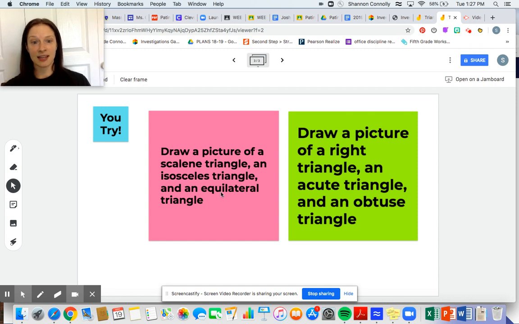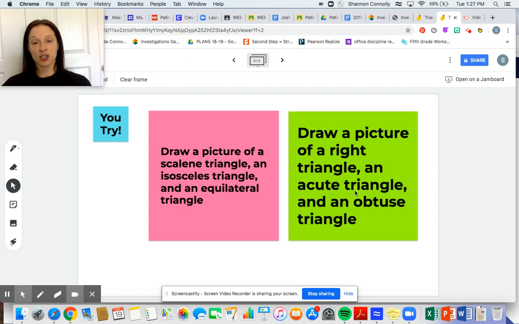Okay? And then lastly, for this pink square here, pink directions, I want you to draw one equilateral triangle where all three sides are the same exact length. Okay? So that's one way to classify triangles, by the length of their sides.